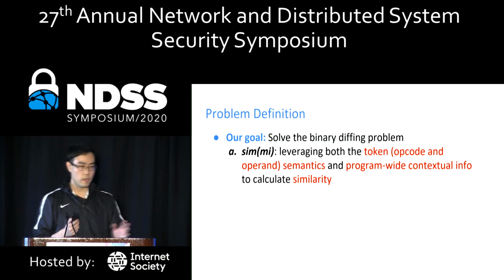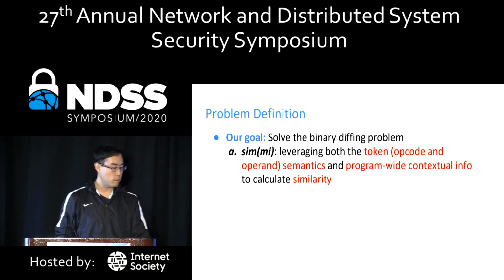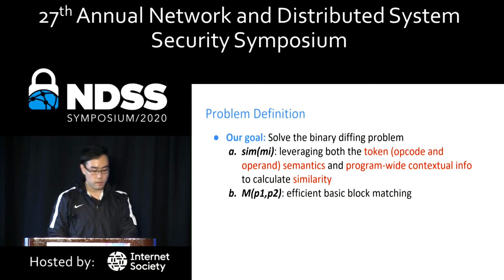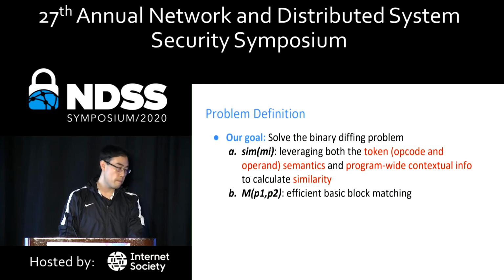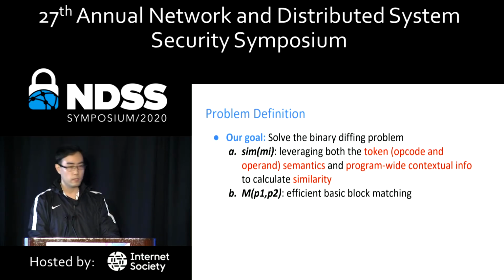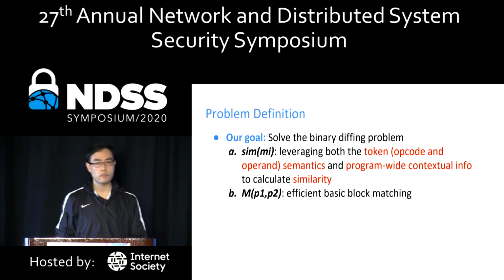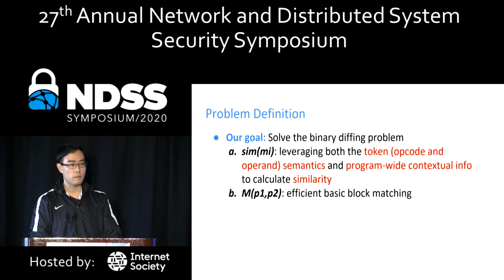That's subproblem A: we have to identify the sim function. And the second is subproblem B, which is big M. There has to be a way to efficiently find basic block matchings between the two binaries. Remember, there can be tens of thousands of basic blocks within a binary. How do we efficiently find the matching?